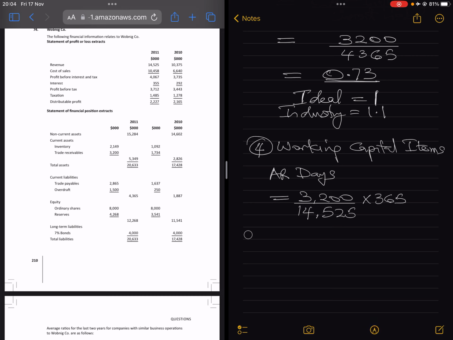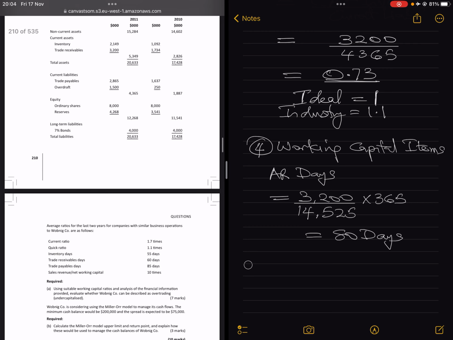If I put that on calculator quickly, 3200 multiplied by 365 divided by 14,525, we have 80 days. Let's see, what is the industry doing? Industry is doing 60 days. So peer is doing 60 days. You can see that the AR days is greater than the peer. So that is also bad.